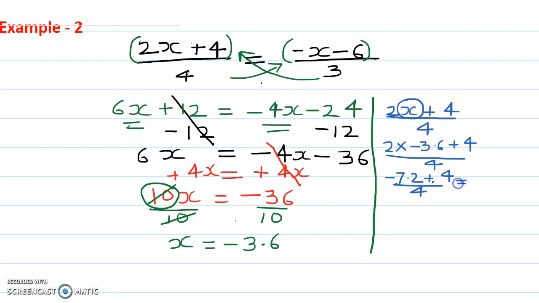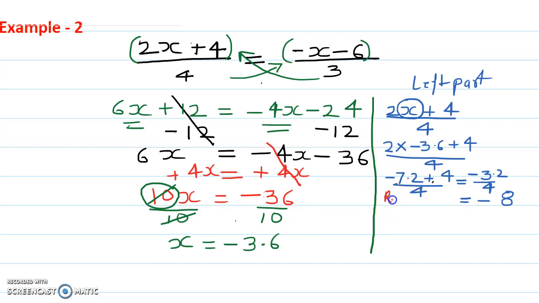Minus 7.2 plus 4 divided by 4, it will be minus 3.2 divided by 4, and that is minus 0.8. So this was your left part of the question. Now the right part.